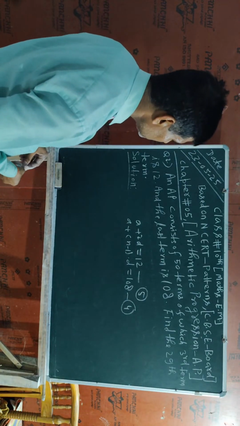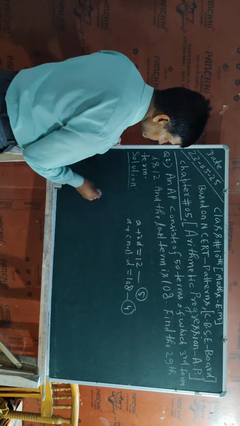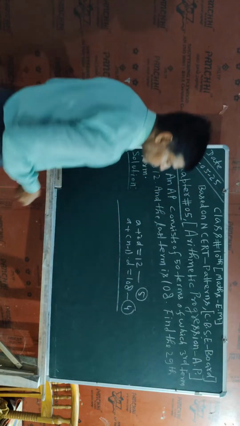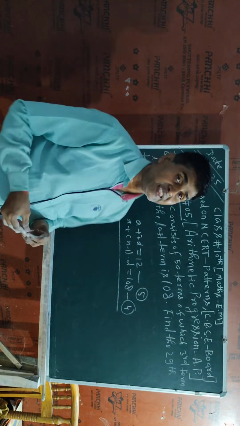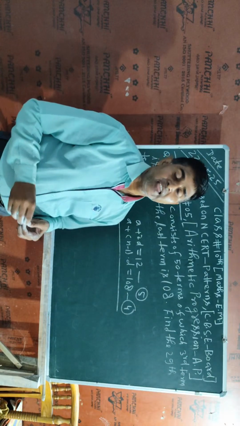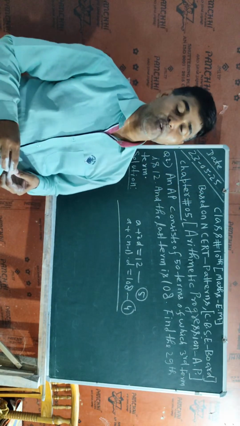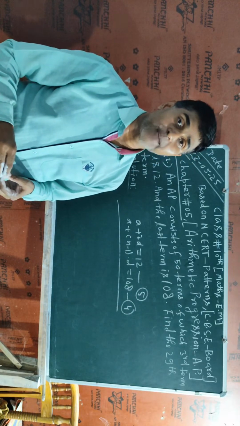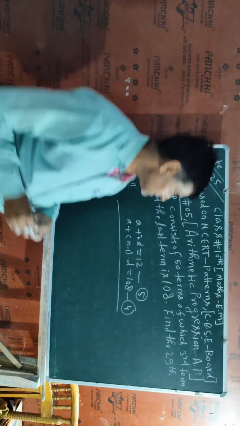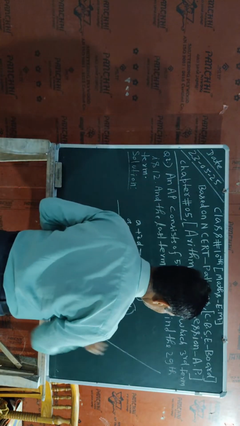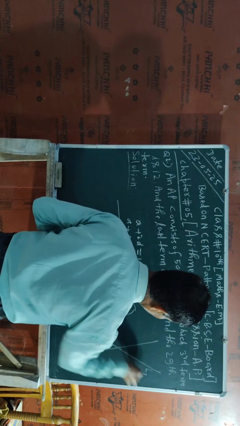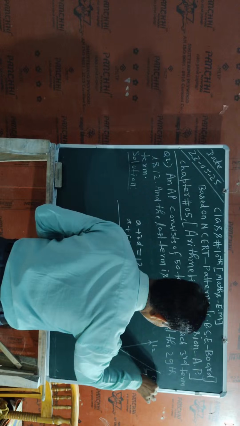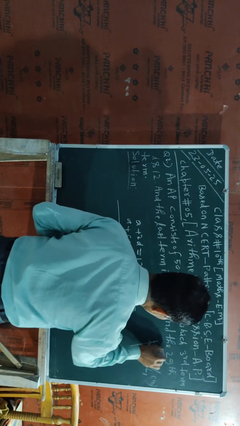So now further, these are the two equations, and these two equations form a linear equation in two variables. One variable is a and the other variable is d. So I will say this is a pair of linear equations in two variables. It means that geometrically, one line is L1 and the other line is L2, and L1 has slope m1 and L2 has slope m2.